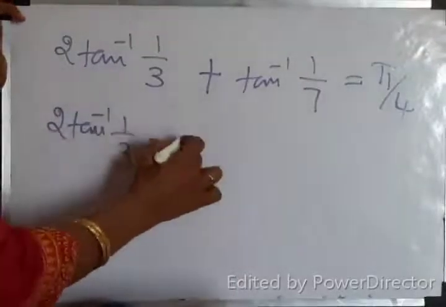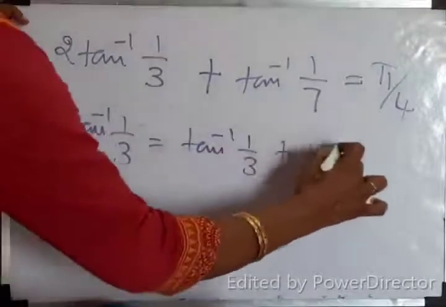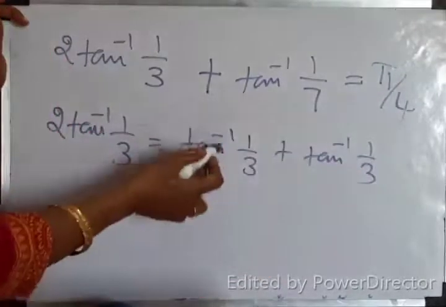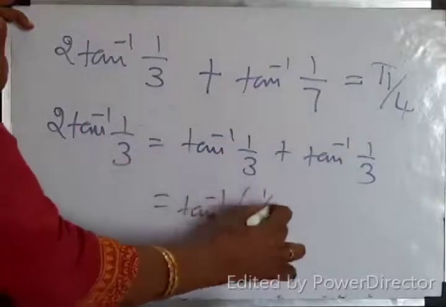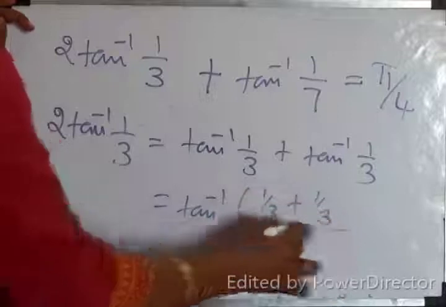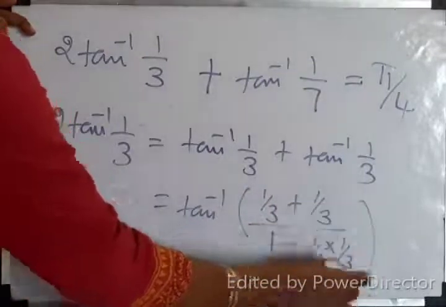You can write tan inverse 1 by 3 plus tan inverse 1 by 3. It looks like tan inverse x plus tan inverse y: tan inverse of x plus y by 1 minus xy.